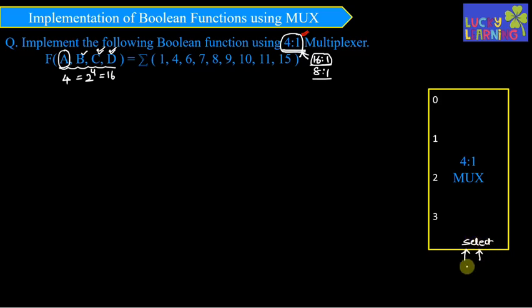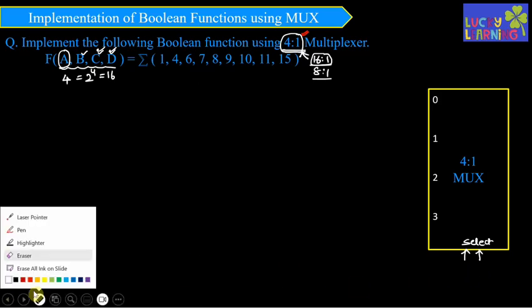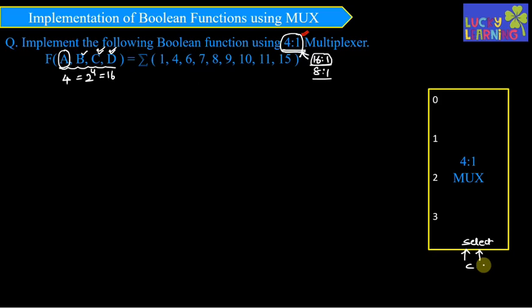C and D are connected as the select inputs of the function. Now these data inputs 0, 1, 2, 3 are to be determined using the higher significant variables, that is A and B.